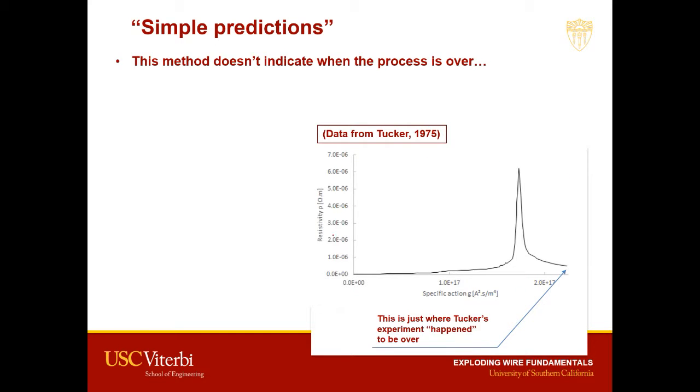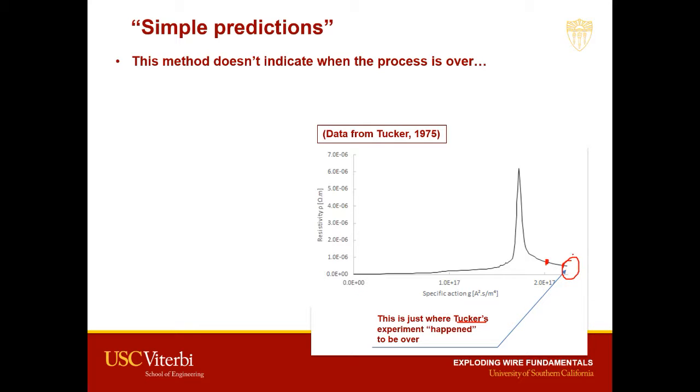So here is the curve from Tucker again. This is my version of the curve that I came up with from his experimental data, and you can see here that this point is just when the experiment from Tucker's data happens to be over. And actually there is some extrapolation. The experimental data ends roughly here.